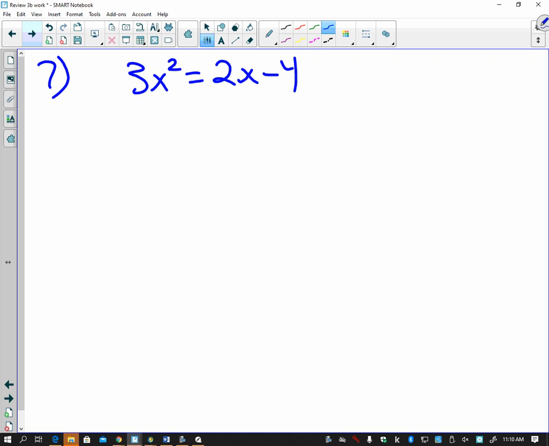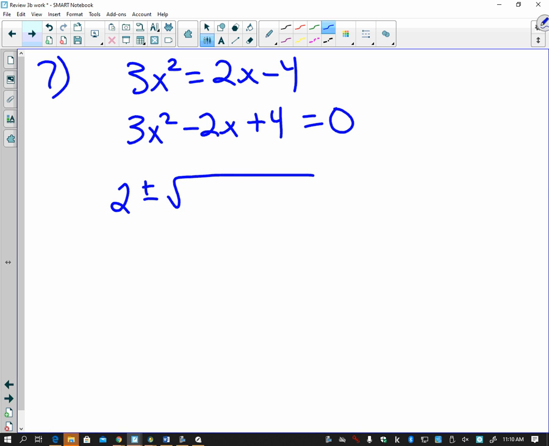We're going to bring everything on the right over to the left. So I have 3x squared minus 2x plus 4. Does that make sense? Okay. All right. Rather than writing the quadratic formula again, I'm just going to start putting things in. So we should get 2 plus or minus square root of negative 2 squared minus 4 times 3 times 4.